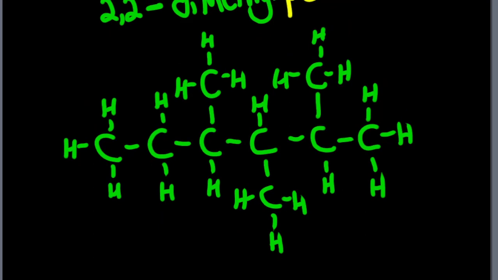So what I do is I find my longest continuous chain. Okay, so 1, 2, 3, 4, 5, 6. So that's going to be hexane.